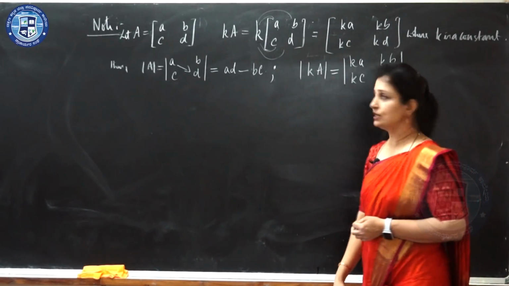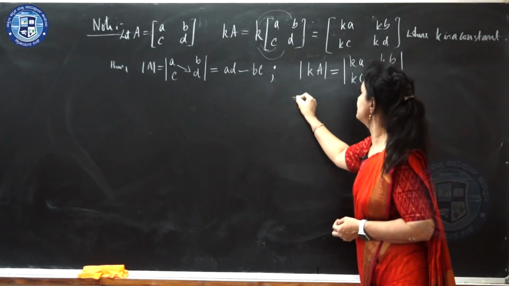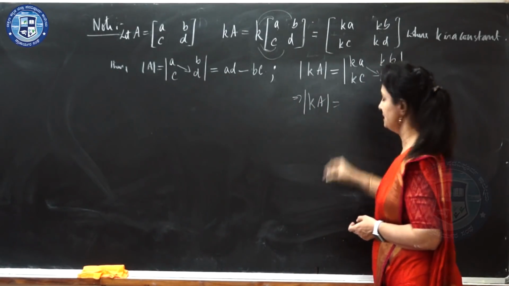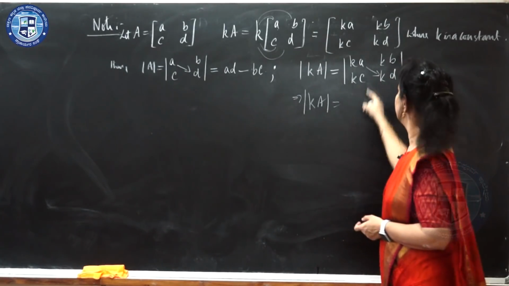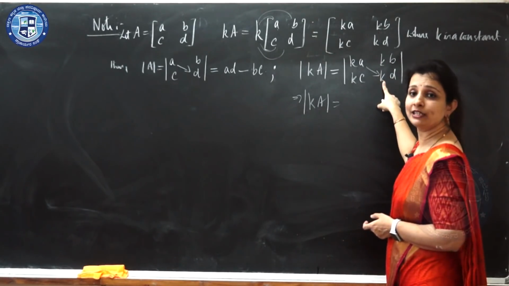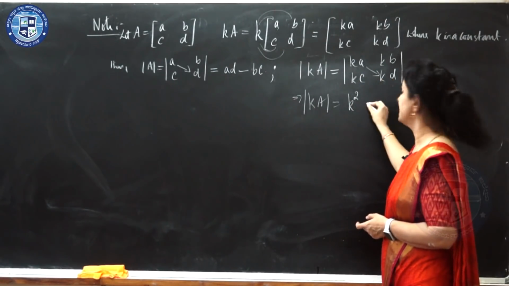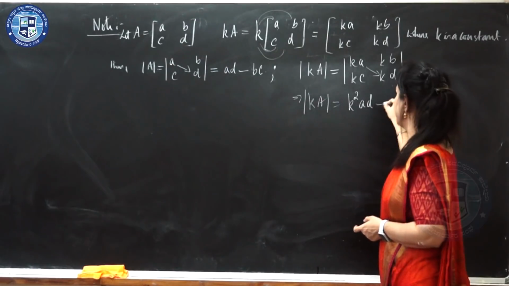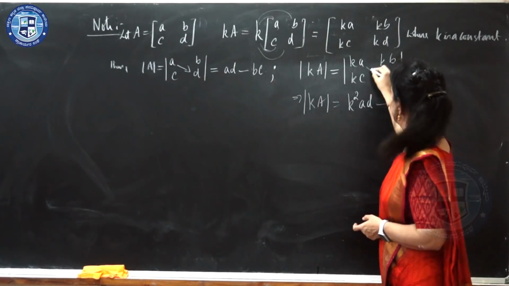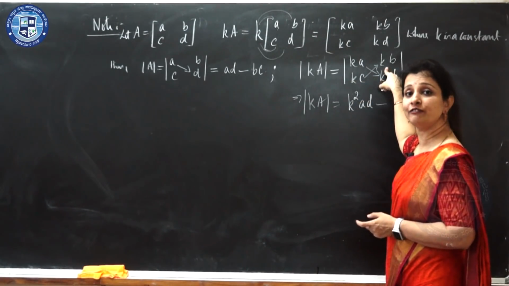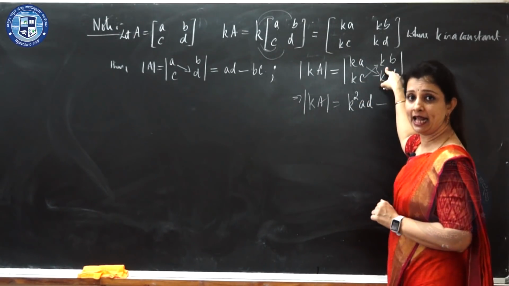What is the value of this? Determinant of KA equals, cross multiply, Ka into Kd. How much? K into K is K square, a into d is ad, minus, you know how to cross multiply, the product of the off diagonal elements.